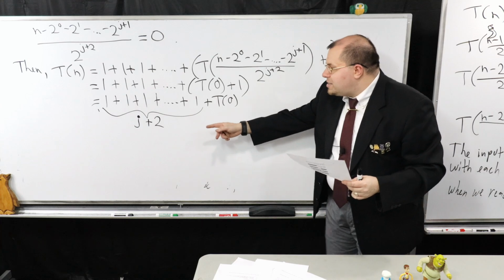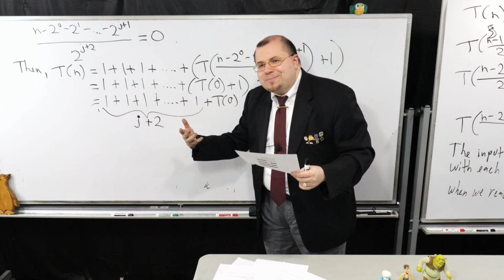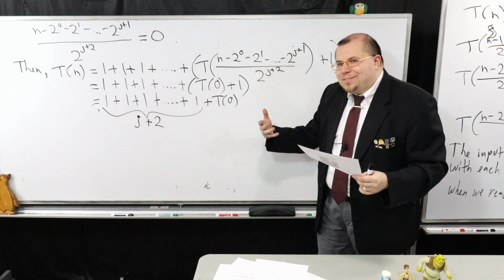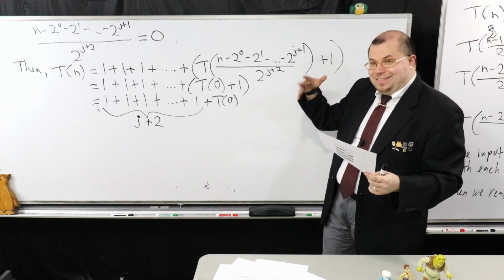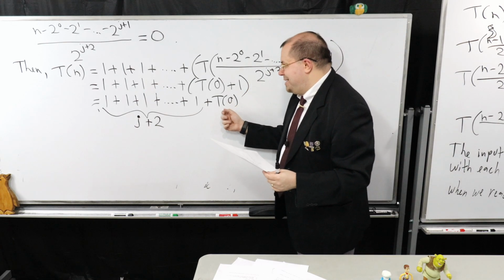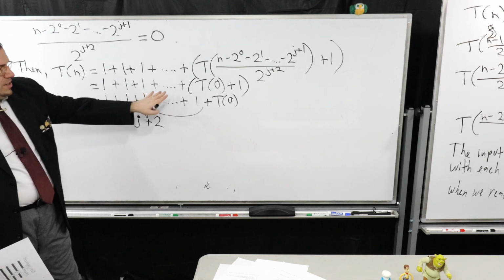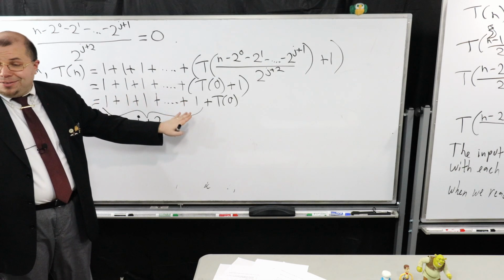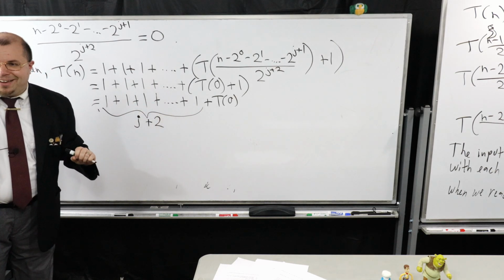And these correspond to the number of times I'm going to perform the recursive case. Does everybody see that? So in fact, it's going to be the total number of 1s, including the base case operations. This is all the work that happens because of the recursion. This over here is the base case.